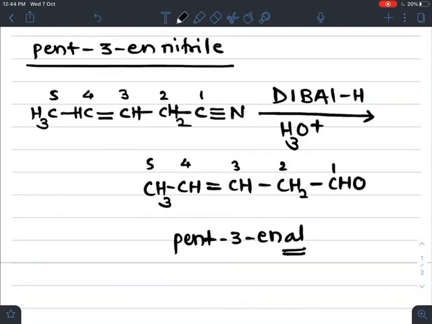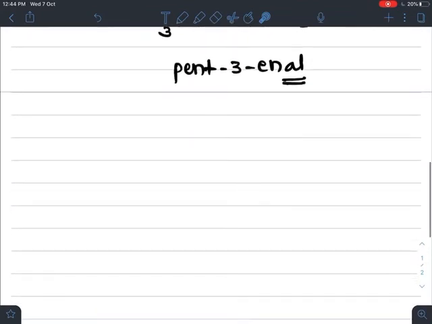So pent-3-enal, an unsaturated aldehyde, is prepared by using this method. This is the advantage of diisobutyl aluminum hydride used as a reducing agent.